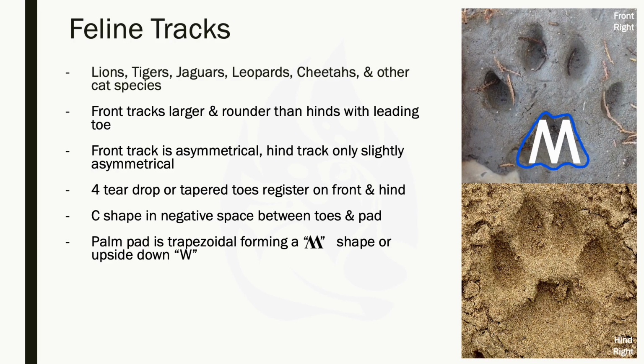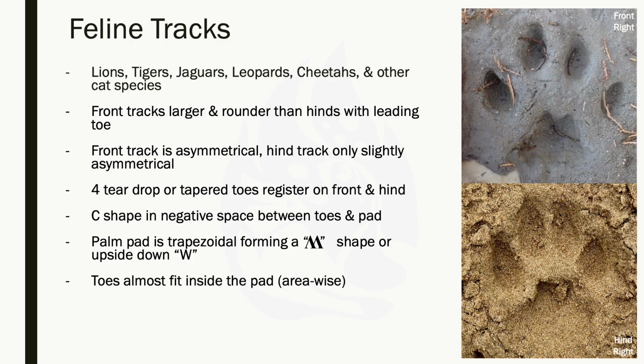It's very different from other species that have 4 toes, so this is something that you always want to look for as soon as you find a track and you think that it might be a feline. Another thing to look for is that the relative size of the toes to the palm pad is such that you can pretty much pack them into the palm pad.